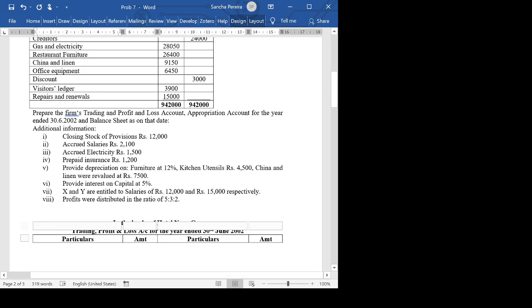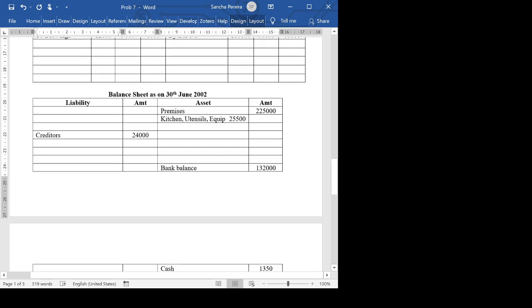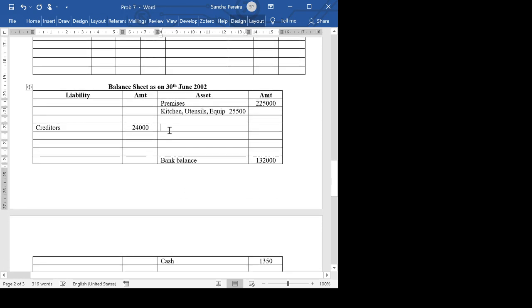Then there is restaurant furniture, 26,400. Restaurant furniture, 26,400.